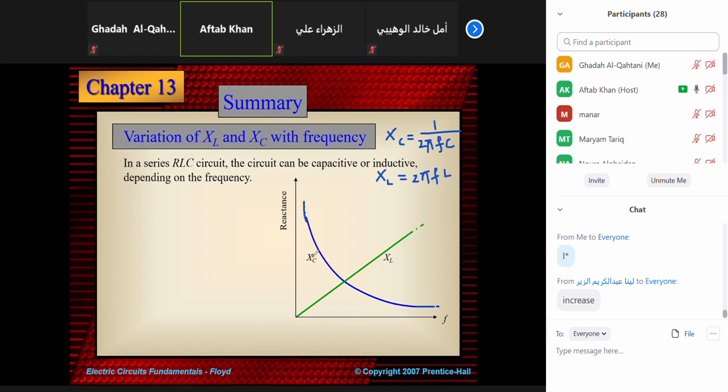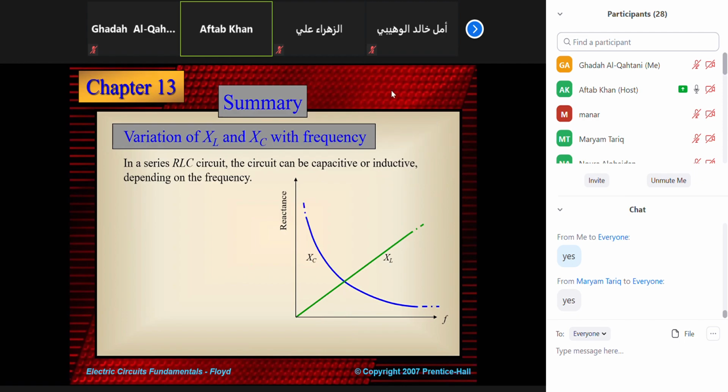Can you find a point where both XC and XL are equal? This is the point, correct? This is the point where both are equal, and the frequency at which they are equal is called the resonance frequency. And this condition, when XC and XL both are equal, is called the resonant condition.